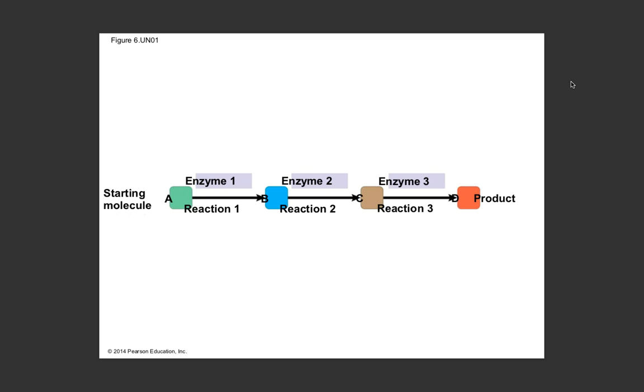If you can't have C, then there is no D. So if enzyme 2 is denatured, you're going to have a surplus of product B in this overall reaction. Think about if enzyme 3 was denatured: you'd have A turning into B, B turning into C, but then C would never turn into D. Think about that, because those are questions that all teachers like to use on their exams, just as a heads up.